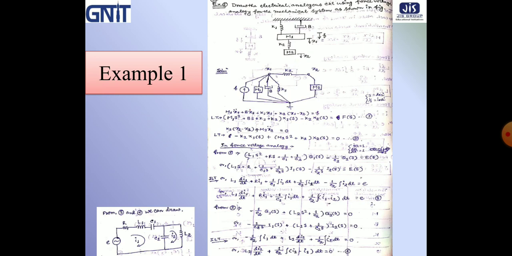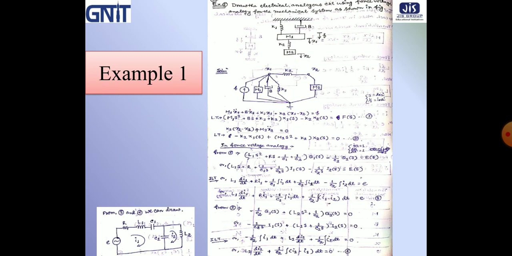That is the basic thing we have to do. So what is the process? In our previous lecture, when we calculated the transfer function for a mechanical system, we first drew the mechanical circuit diagram. We have to do the same process first: draw the mechanical circuit diagram.